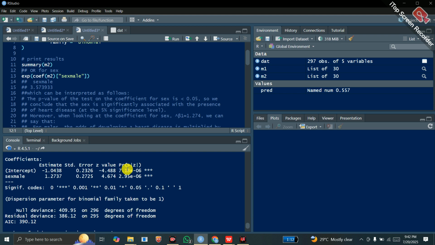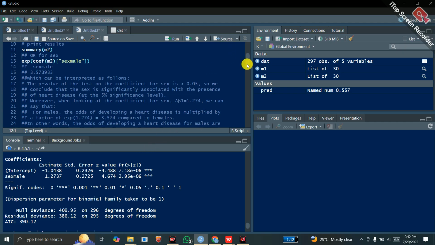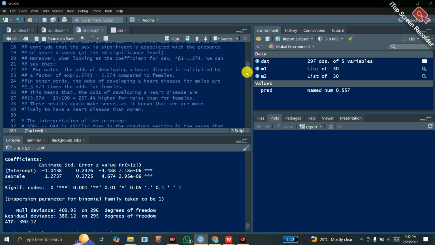Moreover, looking at the coefficient of sex, that is beta 1 hat, which is equal to 1.274, we can say that for males the odds of developing a heart disease are multiplied by a factor of e raised to the power 1.274, and that is equal to 3.574 compared to females.